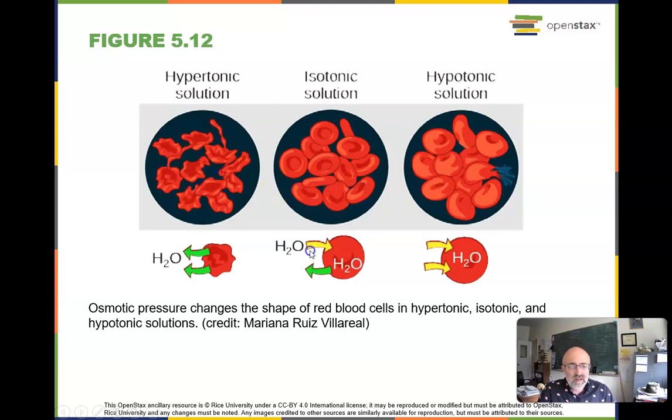Right? Isotonic means you have the equal concentration of water and solutes on the inside and outside of a cell, and so you have the same amount of water coming in and out. Everybody's happy, right? It is possible, you read about this every once in a while, particularly some dude at a fraternity, that they get into this challenge where they're supposed to drink gallons of water in minutes, and what happens is you get so much water outside of the cell, and your kidneys can't remove that water quickly enough, and that water rushes into the blood cell and it ruptures the blood cell.